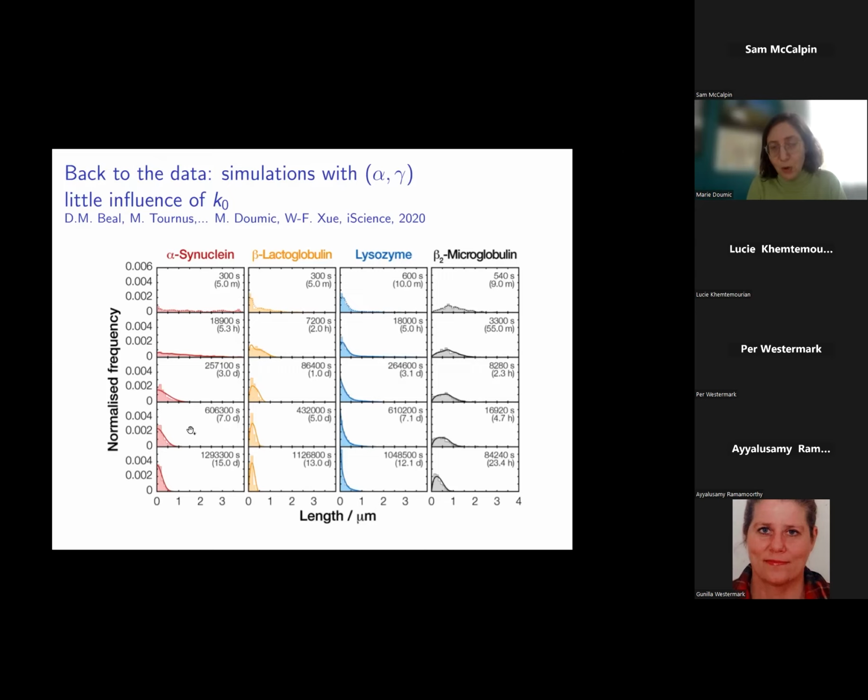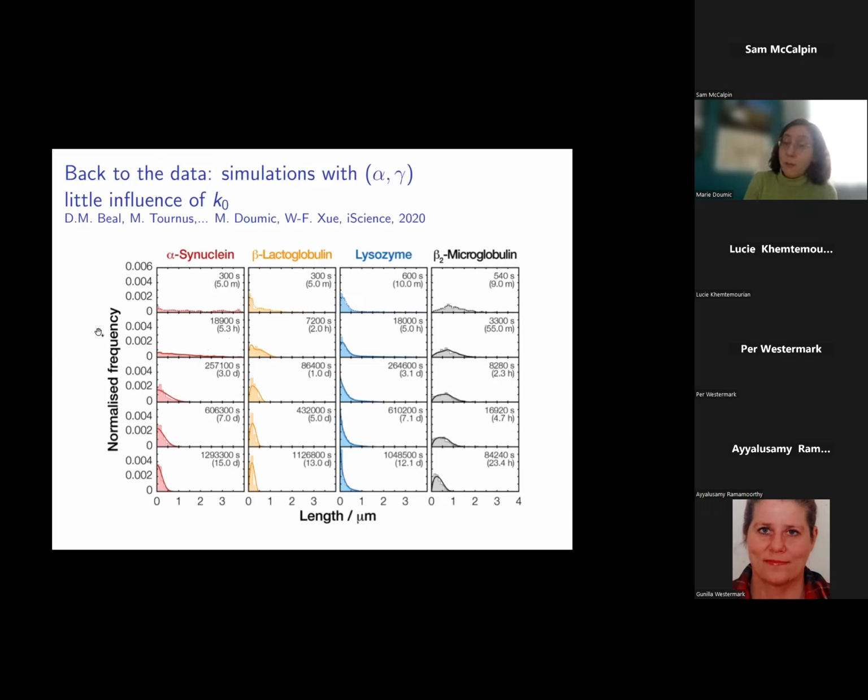And look how excellent the fits were. You see, the experimental data are in light color, and in darker color you see the model fit. So at that point, we were really happy.